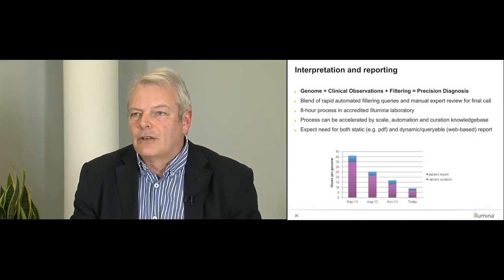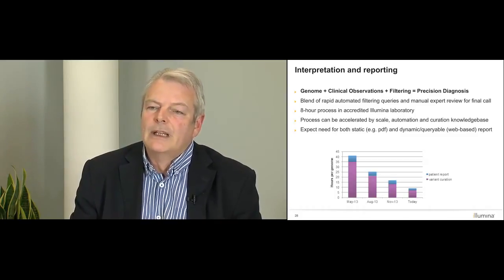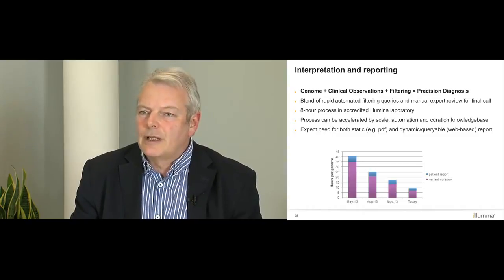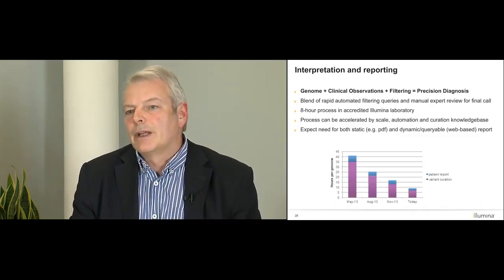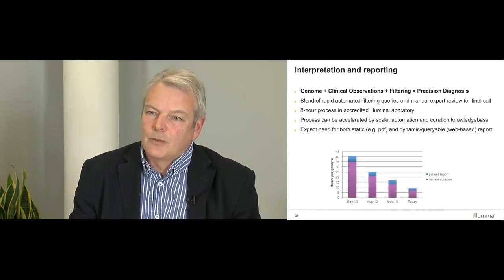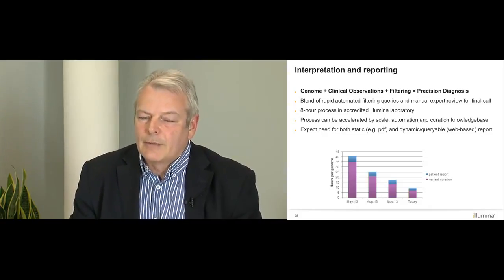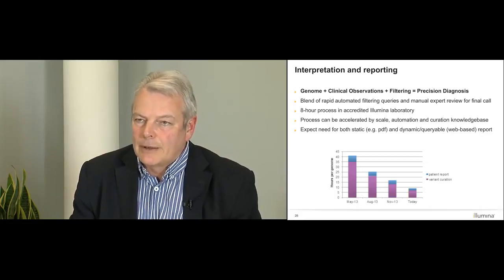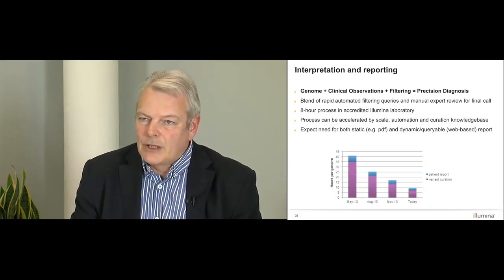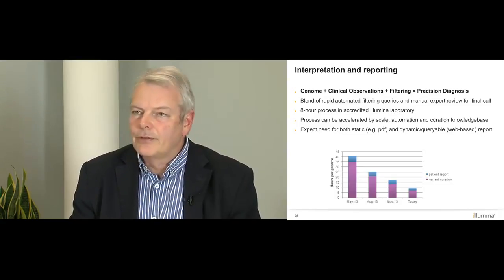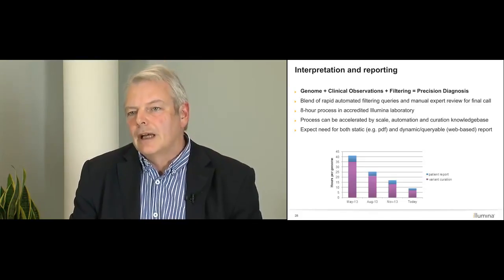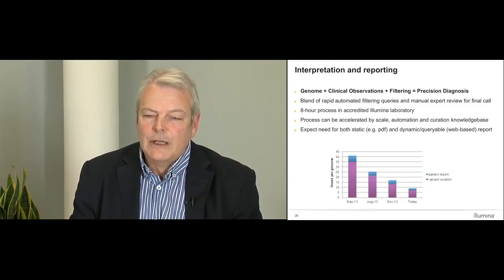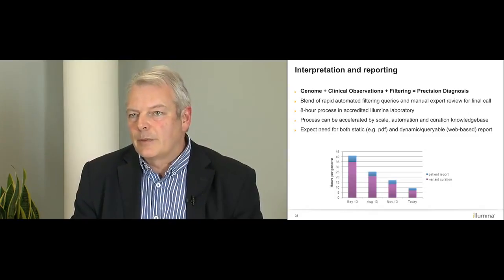The whole idea of a curation knowledge base could become much more powerful and further reduce that figure so that genomes really can be interpreted, still with the manual inspection and manual intervention, but at the same time in a much more accelerated progress, so that if we're generating genomes at a rate of knots that are really commensurate with the number of cases in the population, we actually do have the ability to interpret and return results through this gradual improvement, automation, curation of knowledge, and the ability to make all this information accessible to the geneticists and other experts appropriately.